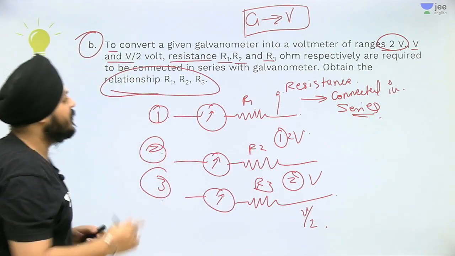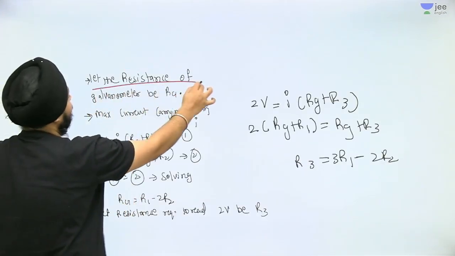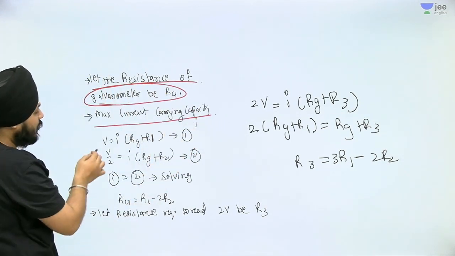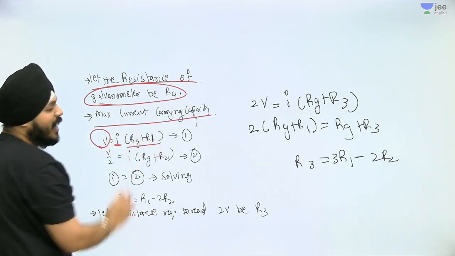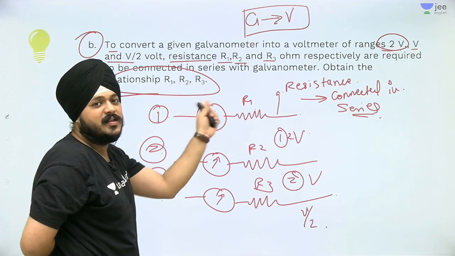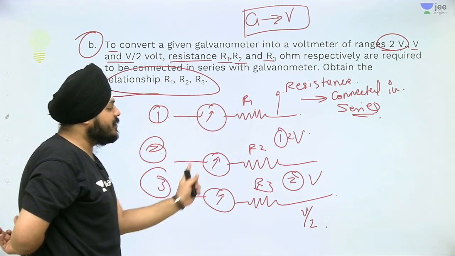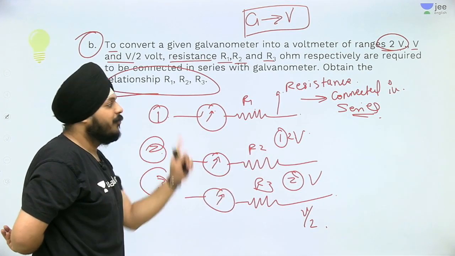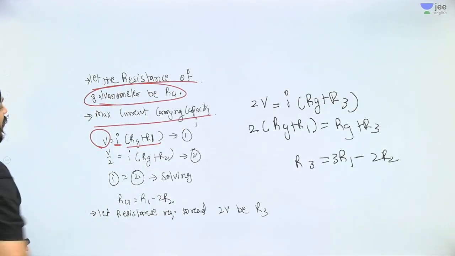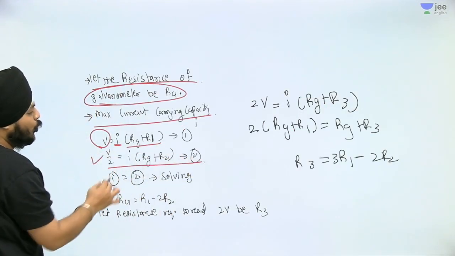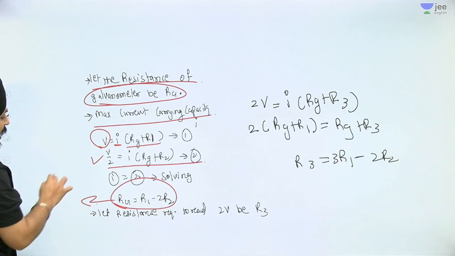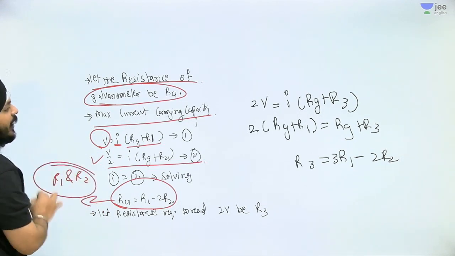Moving forward, let the resistance of the galvanometer be Rg, and Ig its maximum current carrying capacity. Suppose I am talking about 2V, then it would be Ig times (Rg plus R1), because they are connected in series, so the equivalent resistance would be Rg plus R1, Rg plus R2, Rg plus R3 for the three situations. Similarly, for V by 2 we use Rg plus R3. Resolving these equations, I am getting the relation between R1 and R2.